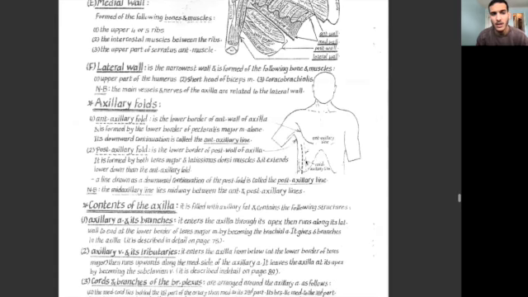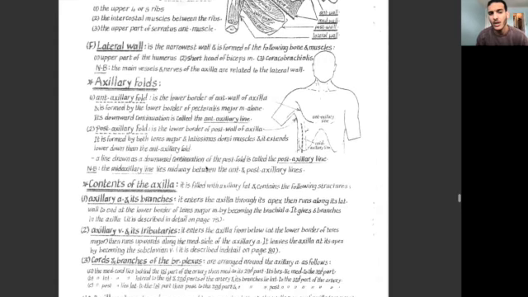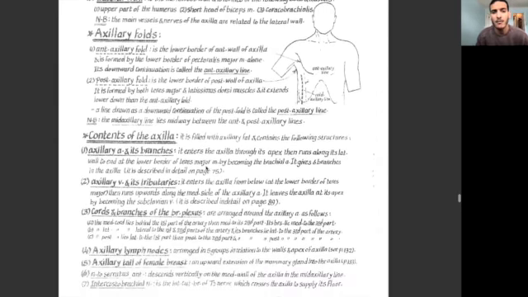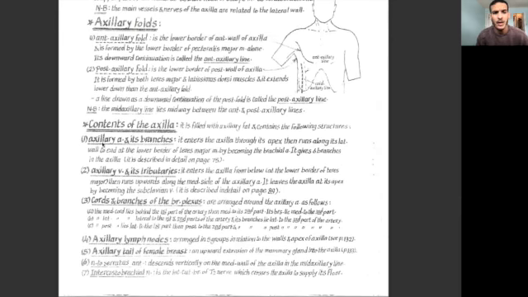And so more about the axilla you can read here. And then you have the contents of it. So you have axillary artery and its branches, axillary vein and its branches, the cords and branches of the brachial plexus. And so I will discuss more about the brachial plexus in my brachial plexus video, maybe just after this one.